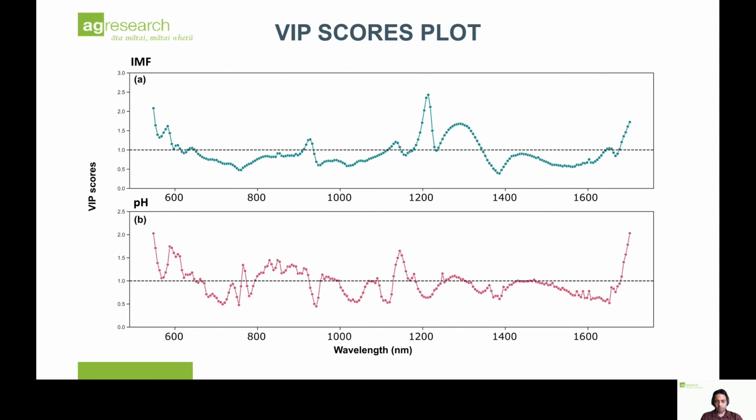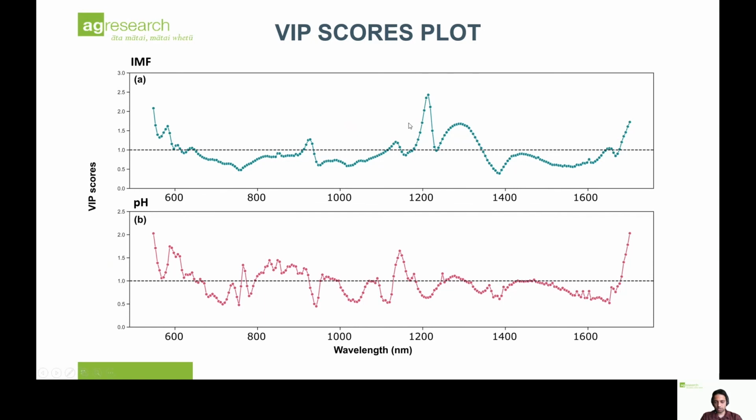Now, the VIP scores plot is a valuable method of understanding and visualizing the importance of various variables in explaining the y variance. Here our variables are our wavelengths and y variance is IMF and pH. If you look at this top plot for IMF, and here if you look at this range from 1100 to 1400 nanometers, these are bands related to CH second overtone, which are related to radical CH, CH2 and CH3 of triglycerides, which is the building block of fat.